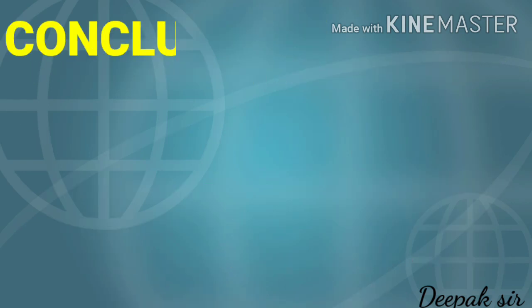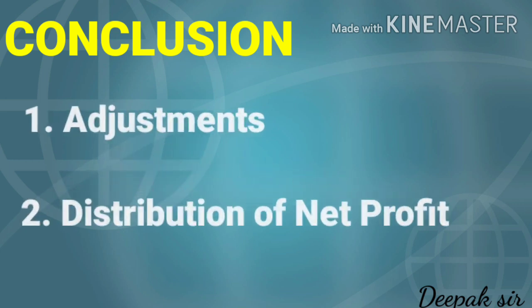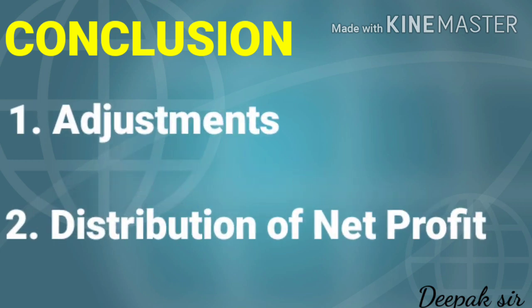Now in the next part, those were all the adjustments, and also in this part we had seen how to distribute the net profit among both the partners, that is either in the ratio or as per the capital ratio, or if it is not given we have to distribute equally among both the partners.